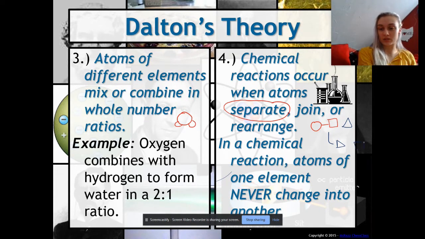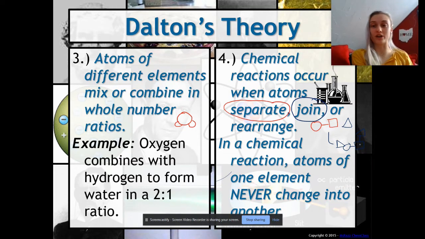So the square is bonded to the triangle now, which is still bonded to the circle. And that would be the joining, okay? And the rearranging would just be like moving. Do you see how the square is in the middle and the triangle and the circle on the outside? That would be like moving the square to the outside and moving the circle to the middle or something like that. So that's what rearranging would be.